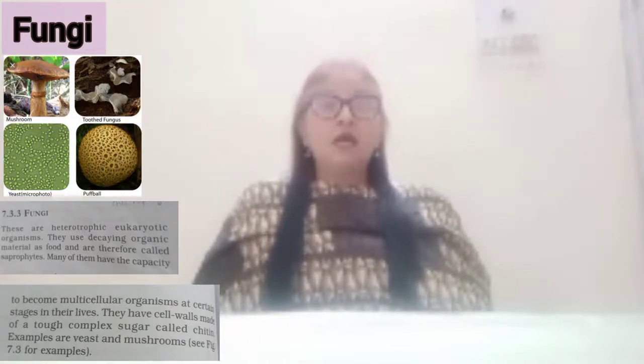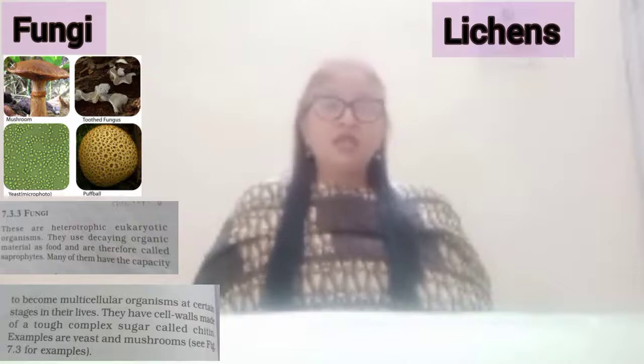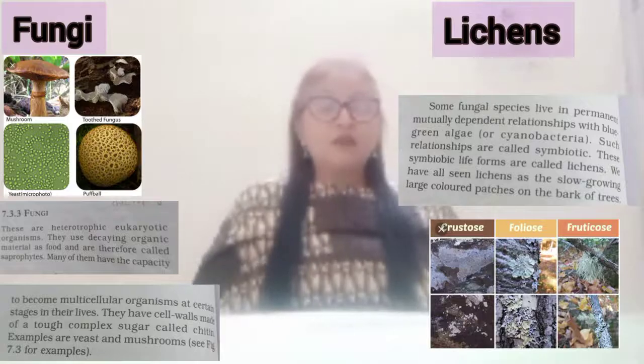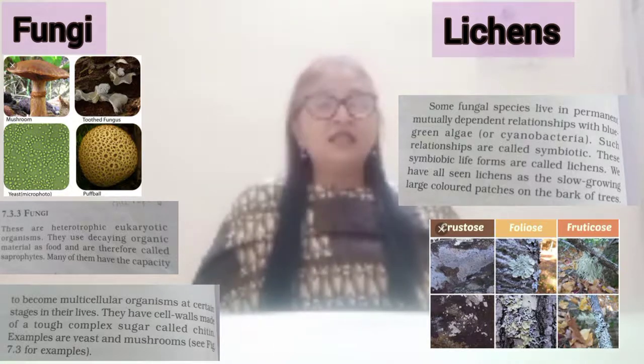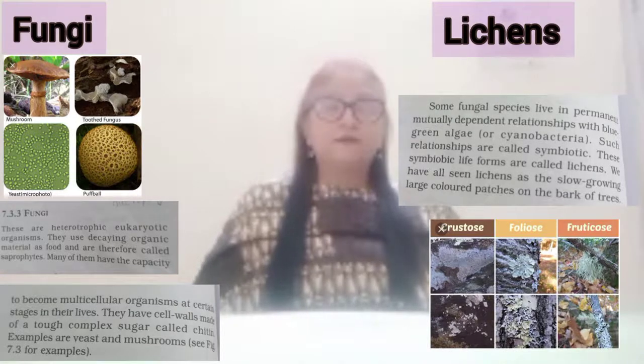And there is a special group of organisms under fungi. It is a combination of blue-green algae and fungi. The fungal cells provide protection to the algal cells, while the algal cells, since they are green in color, perform photosynthesis.